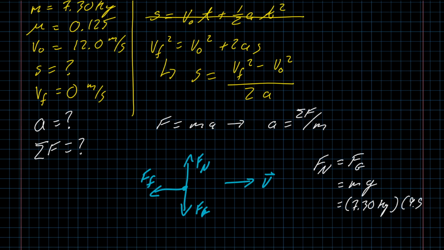Gravitational acceleration is still 9.80 meters per square second. But grabbing out my calculator, punching that in, I get that the normal force is going to be, looks like 71.5 newtons.